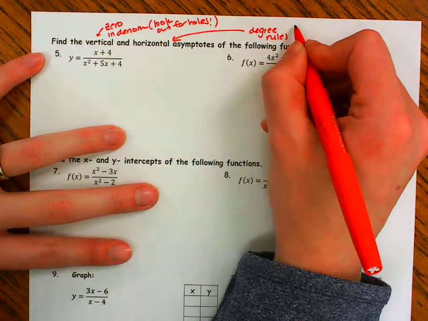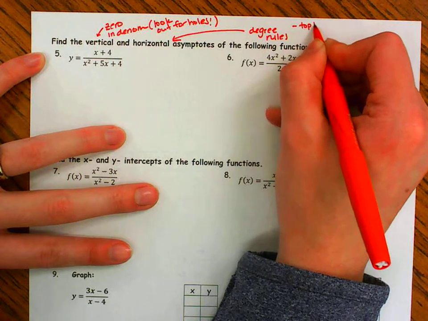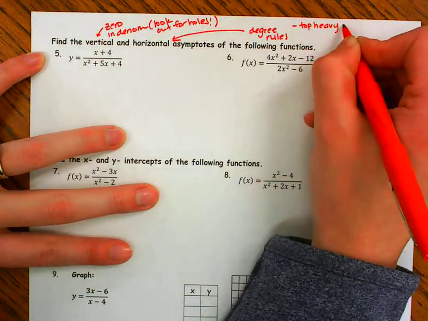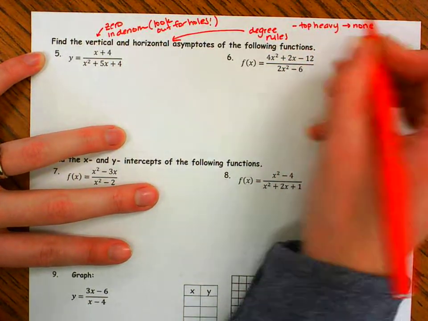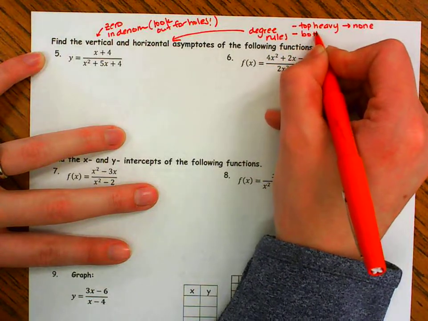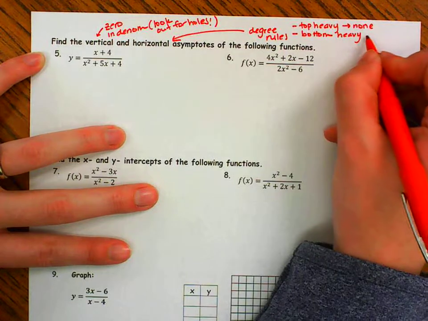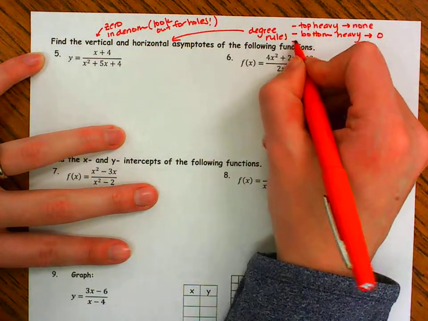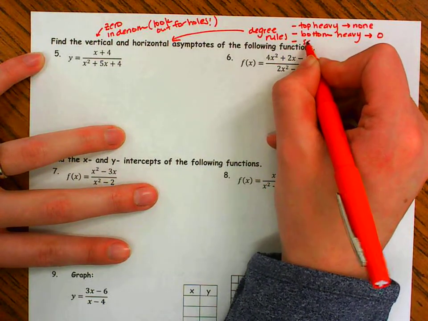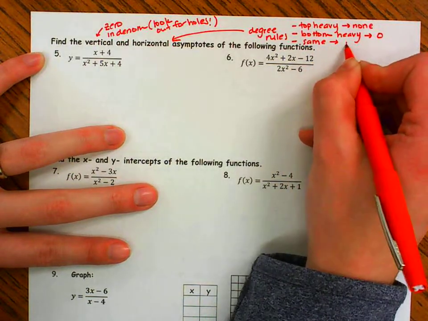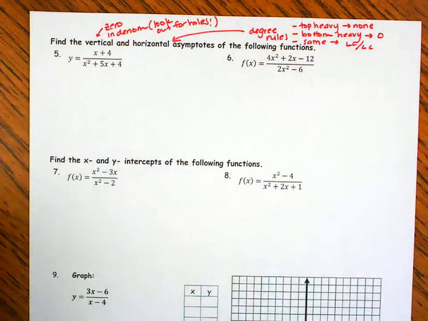So you're looking for, is it top heavy? Because if it's top heavy, there's none. Is it bottom heavy? If it's bottom heavy, then it's 0. Or if it's the same degree, that's going to be the leading coefficient over the leading coefficient.